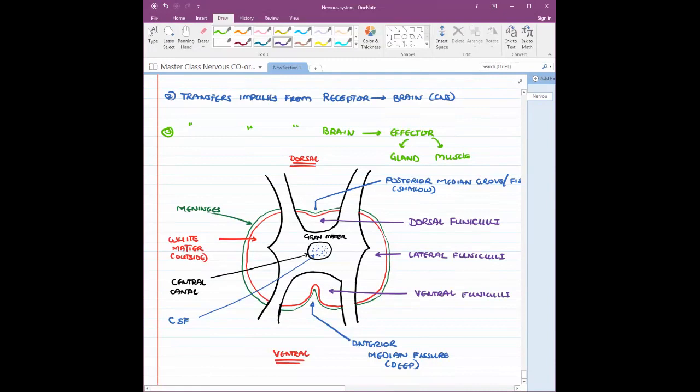This is what we need to know about the initial part of your spinal cord, guys. Just like we have given names over here, in the same way we have names for this entire gray matter as well, which we will see in a while. Let me just have a look at this, guys, if everybody is okay with this.